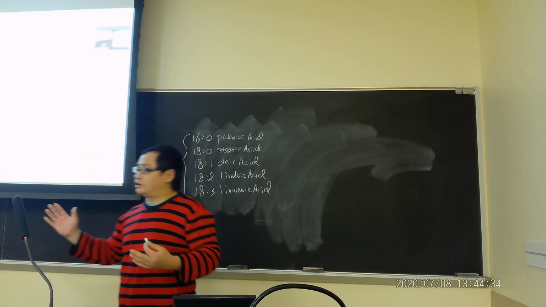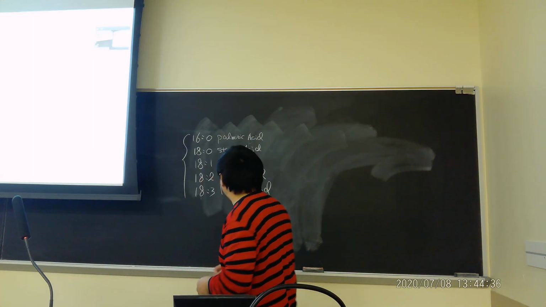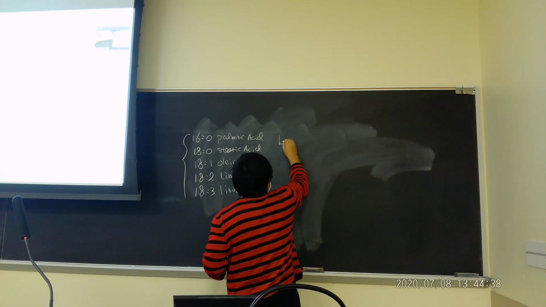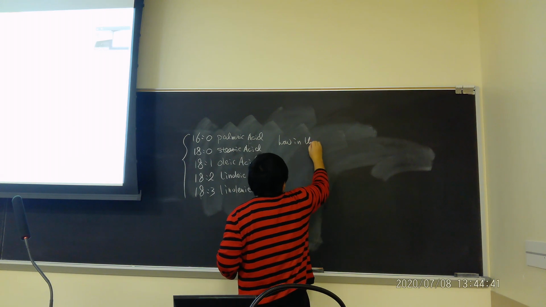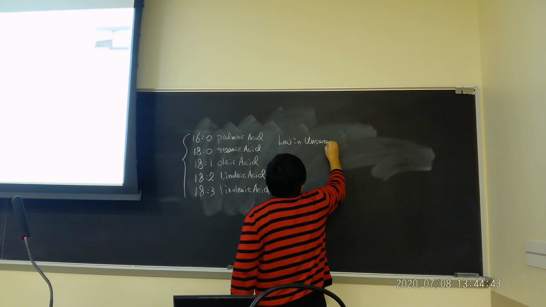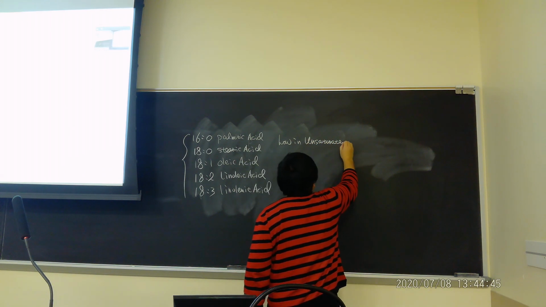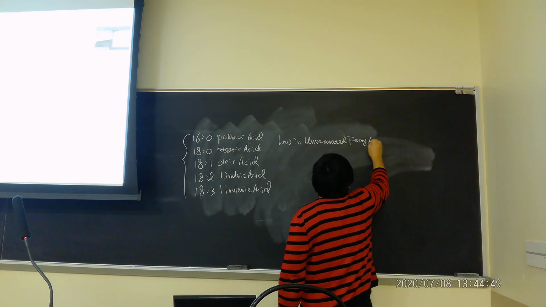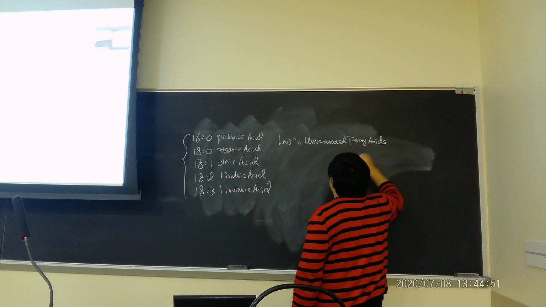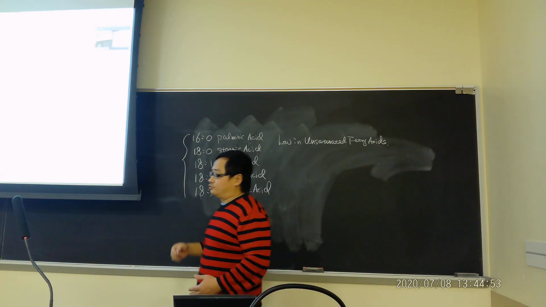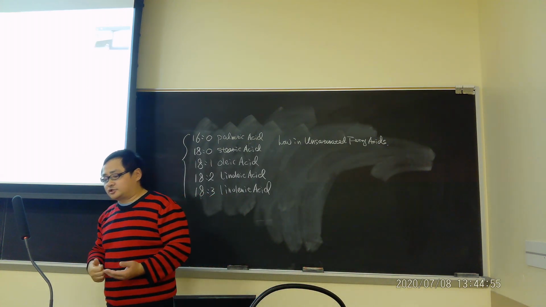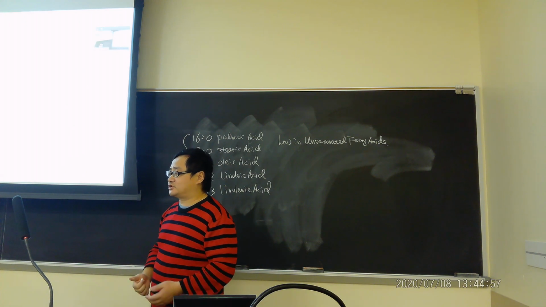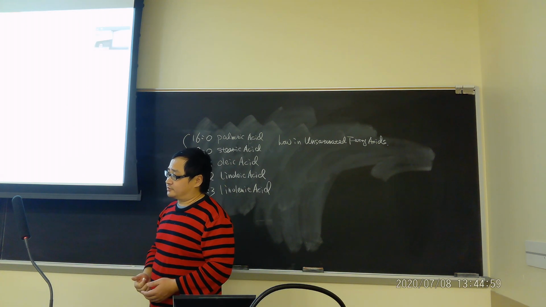But overall you can see these animal depot fats are low in unsaturated fatty acids. So that's what we understand. We eat meat, we're not intended, or supposedly, to eat lots of food which has unsaturated fats.